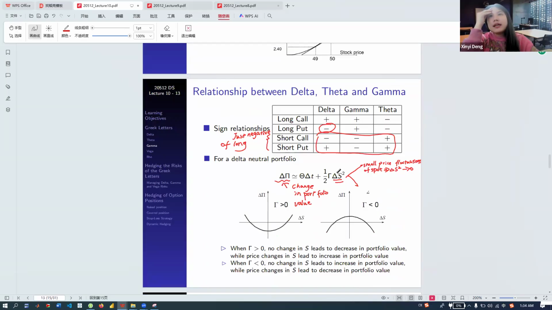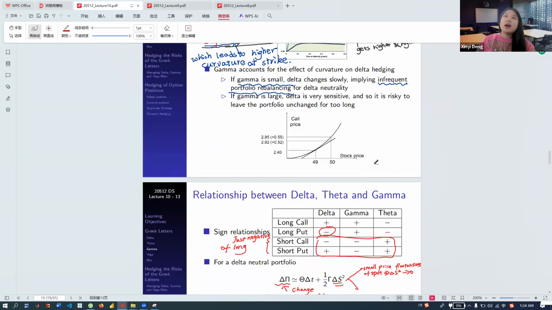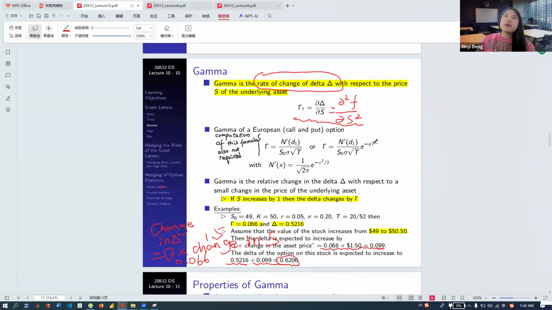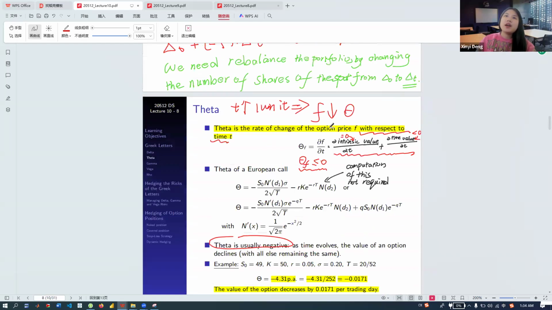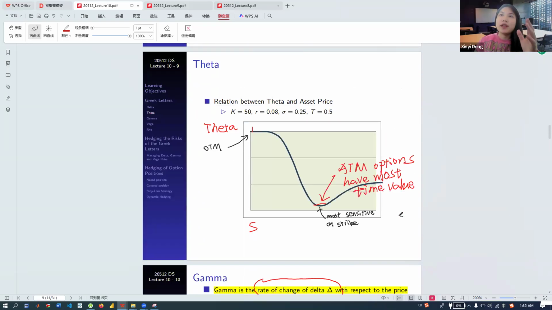As for theta, for both calls and puts, I just showed you guys that it's actually a negative sign, right? For theta, you are taking the first order derivative of intrinsic value and time value with respect to t, and you are adding those two derivatives together, whereas the first derivative is equal to 0, and the second derivative is smaller than 0.